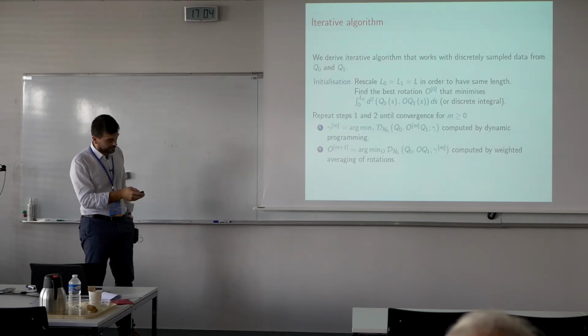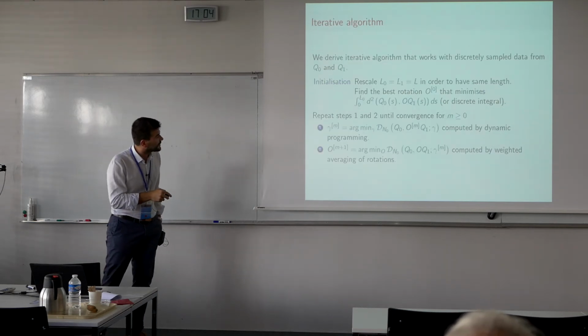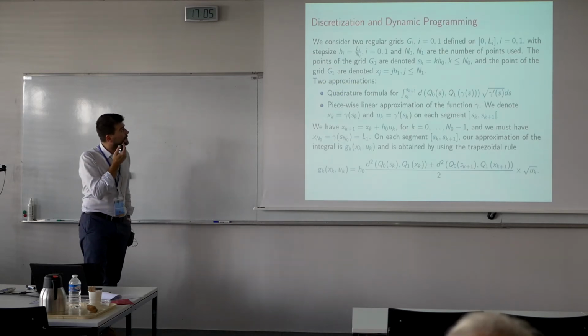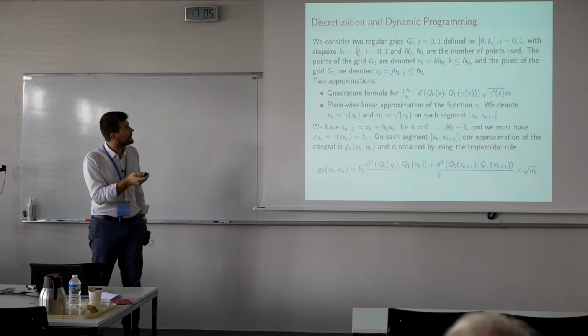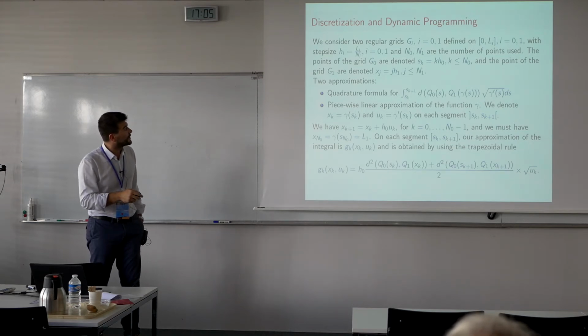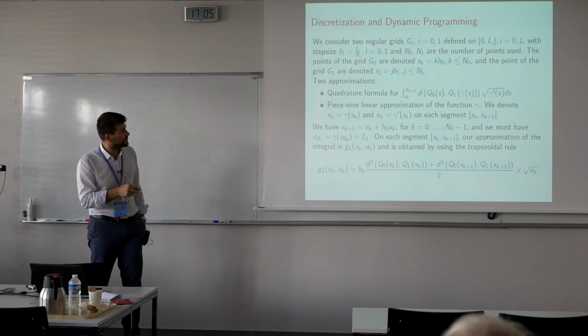Obviously the tricky part is the computation of gamma, and that can be done by dynamic programming. It's also relatively standard, I think. The idea is just to discretize your two grids with n0 and n1 points. Then you have to do two approximations.